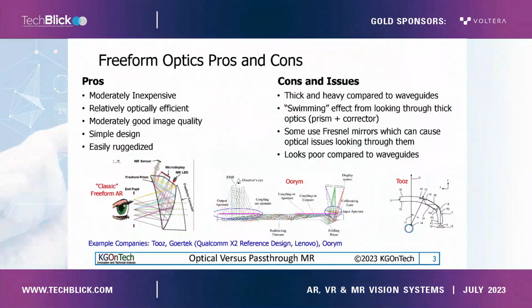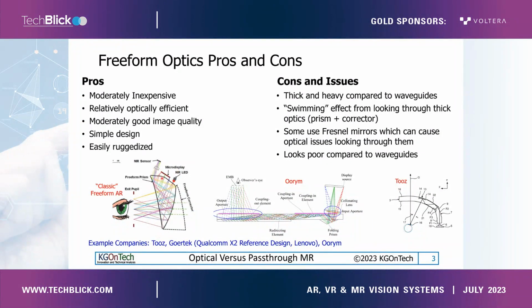So, real quickly on freeform optics, because there's not a lot of people doing this today. Basically freeform involves any kind of freeform optical shape, but generally with a freeform, the traditional one has this wedge, and then you have to have a freeform corrector to make it see through. These end up generally being fairly thick.